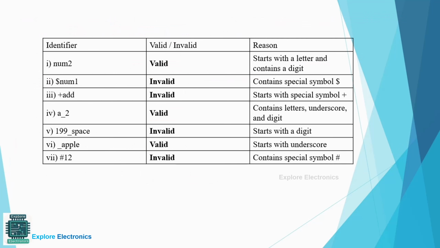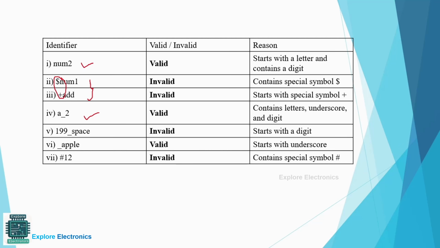Now we need to classify them as valid and invalid. So I have tabulated it in a table with the reason also. The first one is num2. Here it is valid because it starts with a letter and it contains a digit. And these two are invalid because they start with special characters. And this one is valid because it contains letters, underscore, and digit.